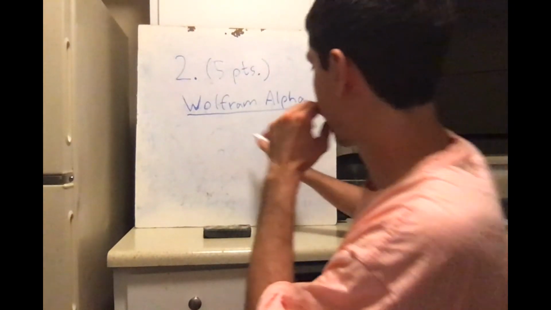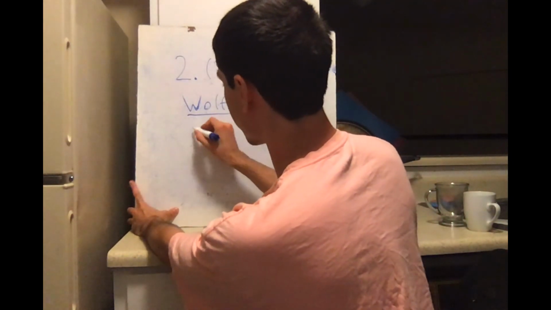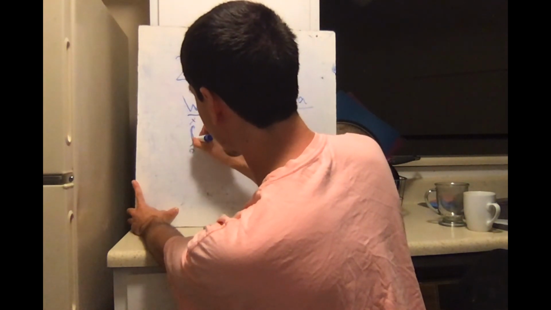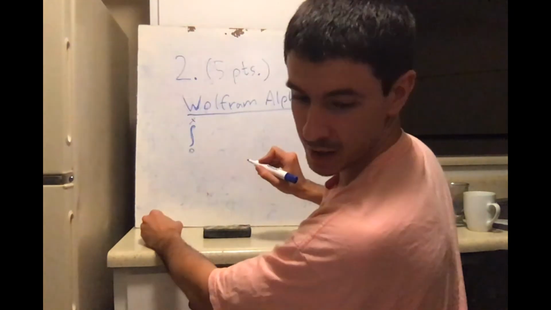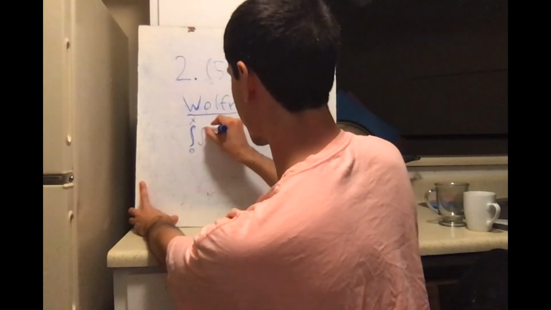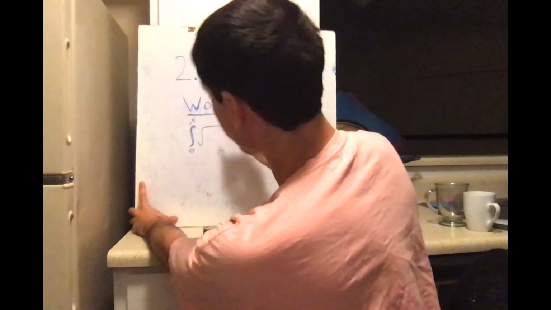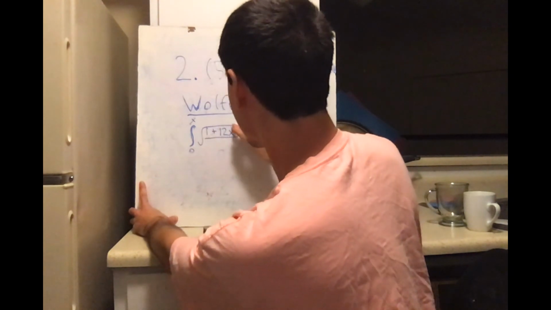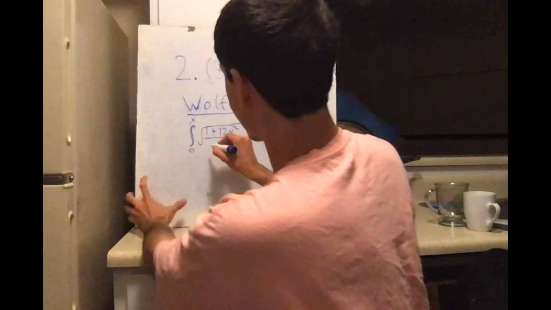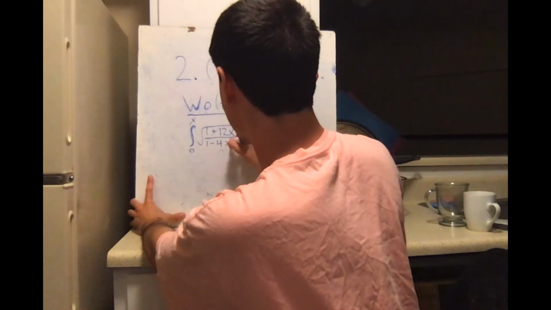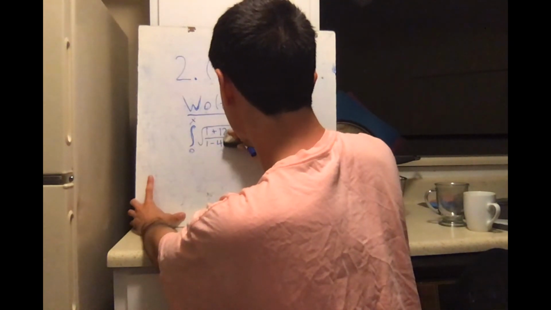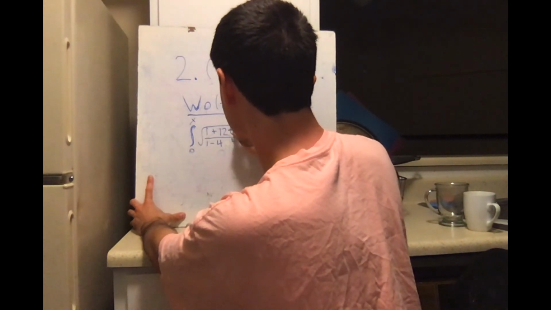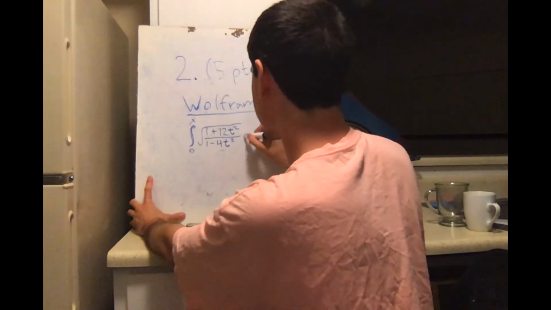So go to Wolfram Alpha and ask them to integrate from 0 to x of the square root of 1 plus 12x squared over 1 minus 4x squared. I keep doubly using x. It's 1 plus 12t squared over 1 minus 4t squared dt.